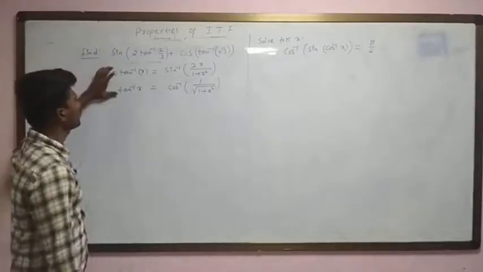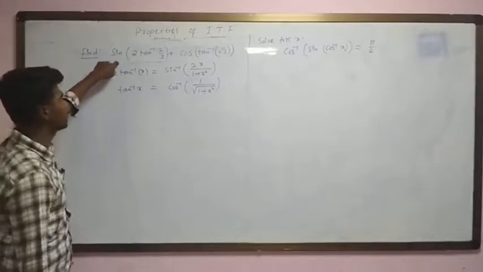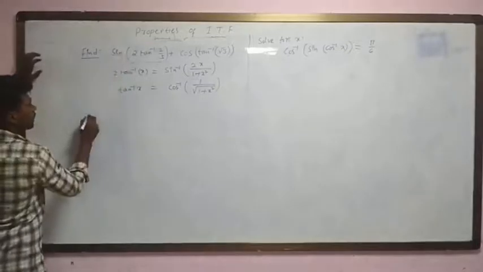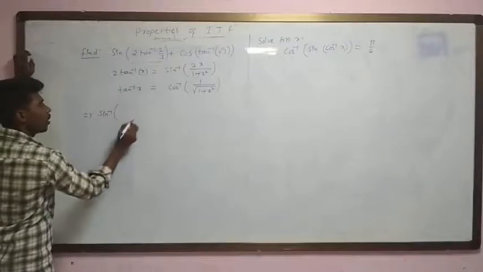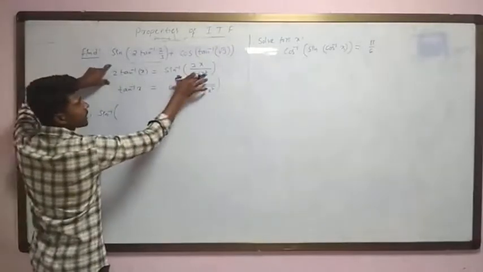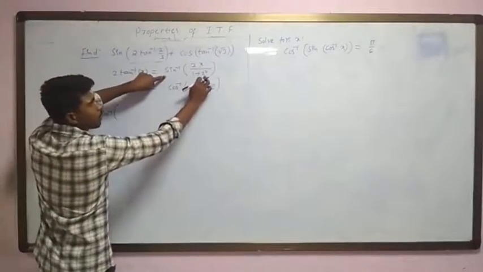Now, if I substitute these two formulas in this, we'll get the answer. So, the given thing can be rewritten as sine inverse of 2 tan inverse x, which is sine inverse of 2x by 1 plus x square.